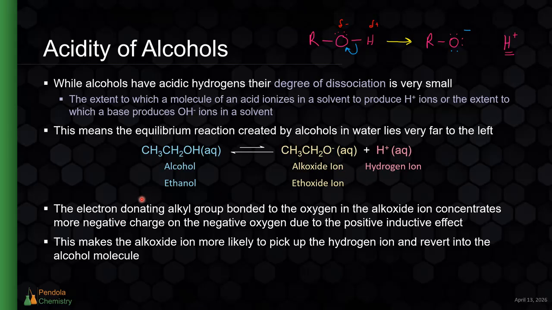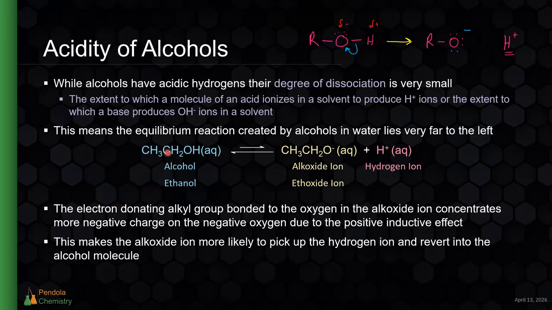The electron donating alkyl groups, and we have discussed before how carbons are electron donating because they have very weak electronegativities, that are bonded to the oxygen, are going to have an effect on how acidic these alcohols are going to be.